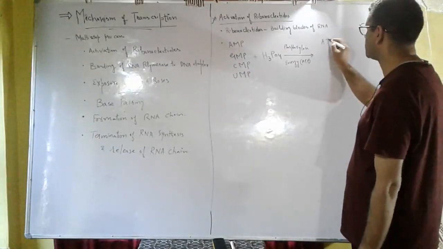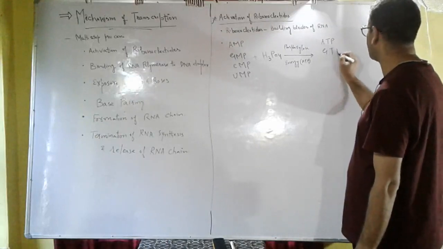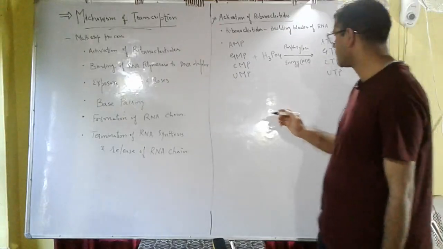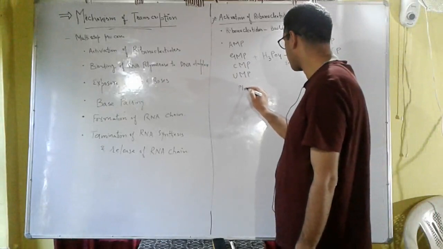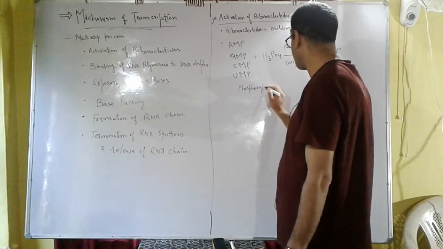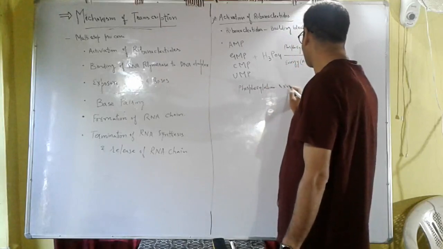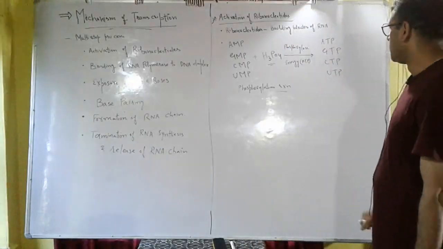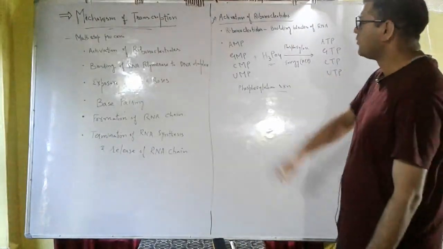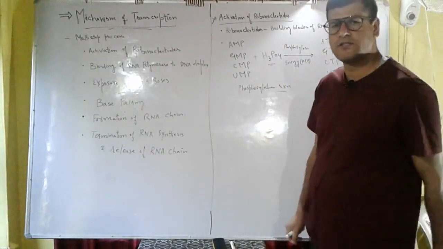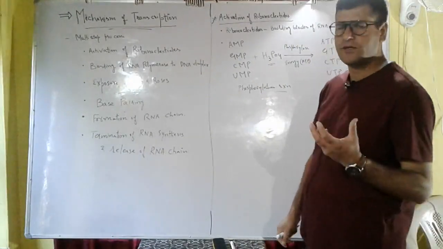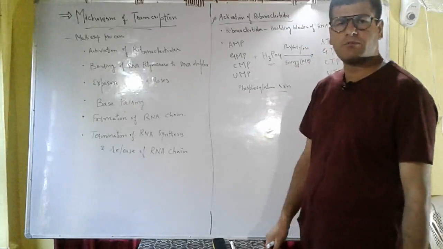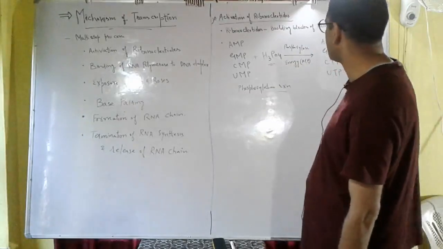So we will get adenosine triphosphate, guanosine triphosphate, cytidine triphosphate, uridine triphosphate, and this reaction is called phosphorylation reaction. And this H3PO4 is phosphoric acid. So these ribonucleotides have to get involved in the synthesis of RNA, therefore they are activated. They are converted from monophosphate to triphosphate so that they become the substrate for the RNA synthesis.